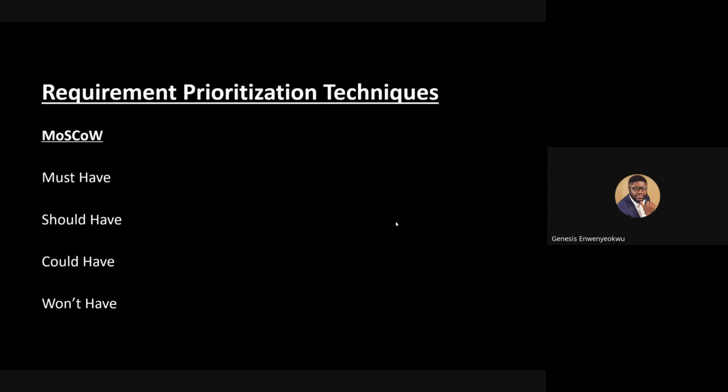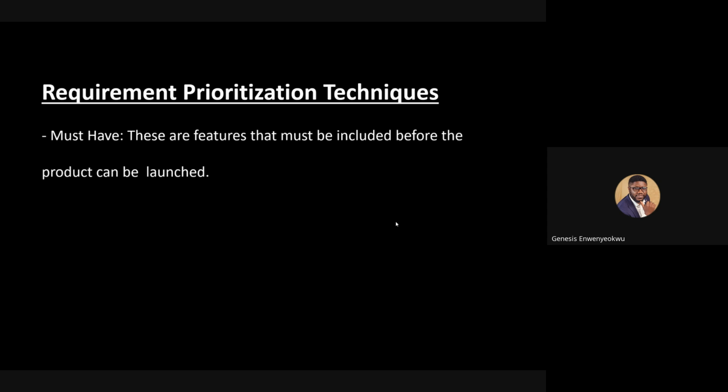Are you following me? So you could get to an office today and they're using MoSCoW prioritization. So you should understand that any requirement that has a must have label has the highest priority. Now, must haves are features or functionalities or requirements that must be included before we can actually go live. They are mostly considered as the MVP, minimum viable product functionality.